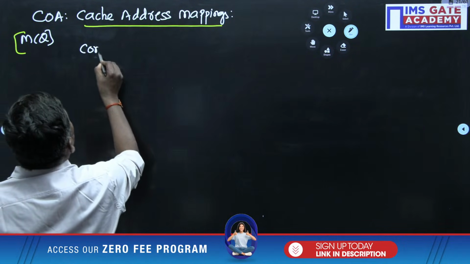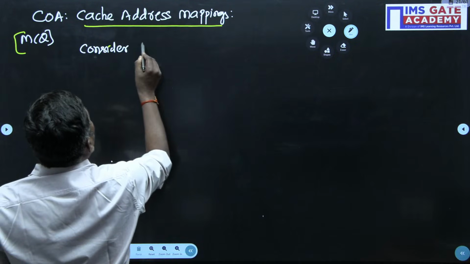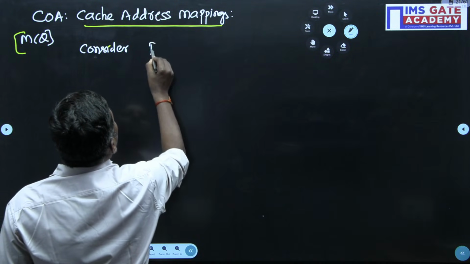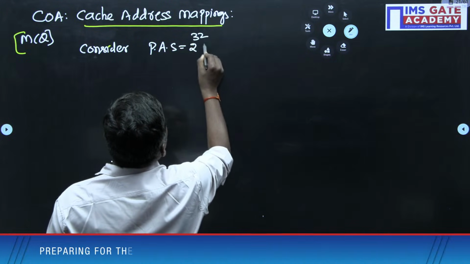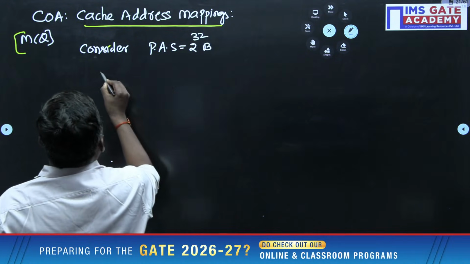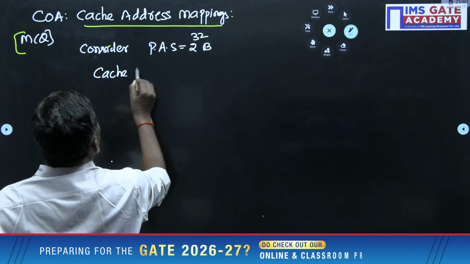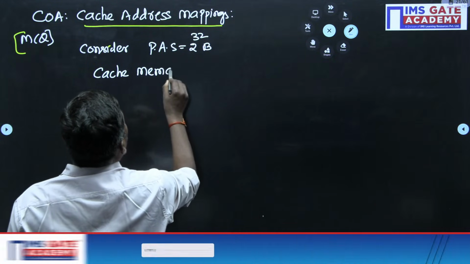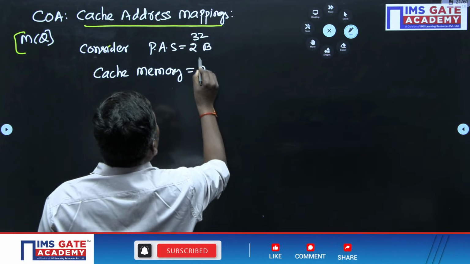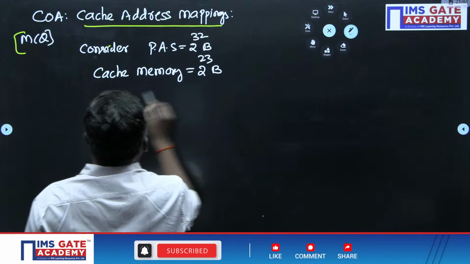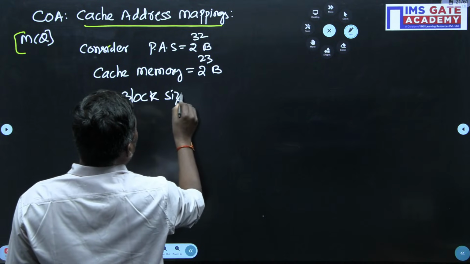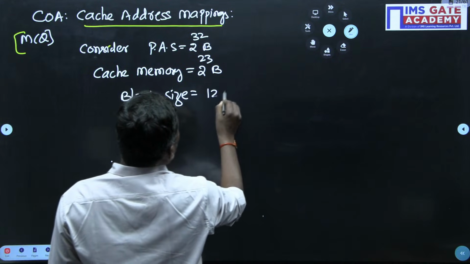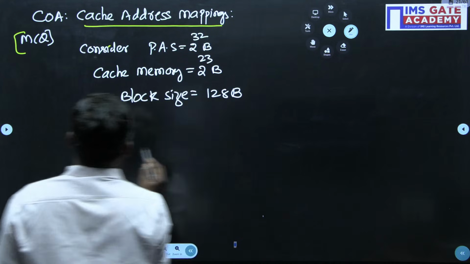He said, consider main memory, that means the physical address space used, 2 power of 32 bytes is given. And cache memory size 2 power of 23 bytes is given. Block size is 128 bytes given.